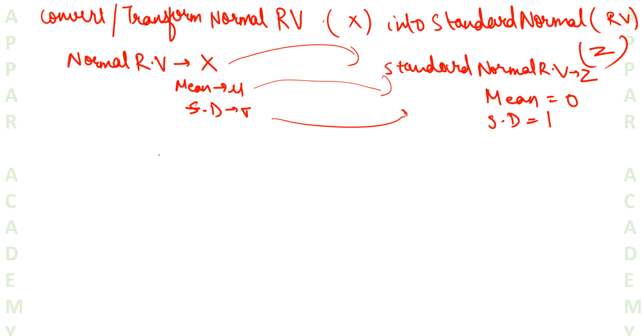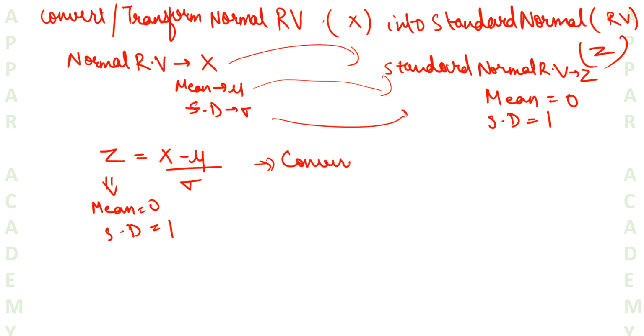So for this, we have a specific way of transforming it, and that is z is equal to x minus mu upon sigma, right? So this z will have mean 0 and standard deviation equal to 1. Also, this formula is converting x to standard units.